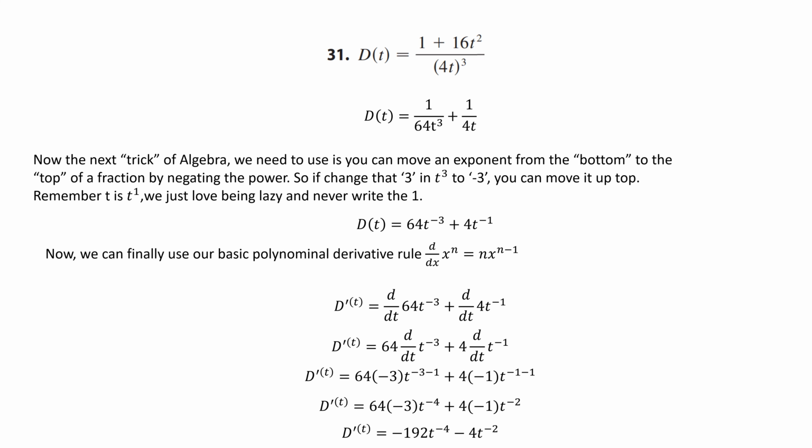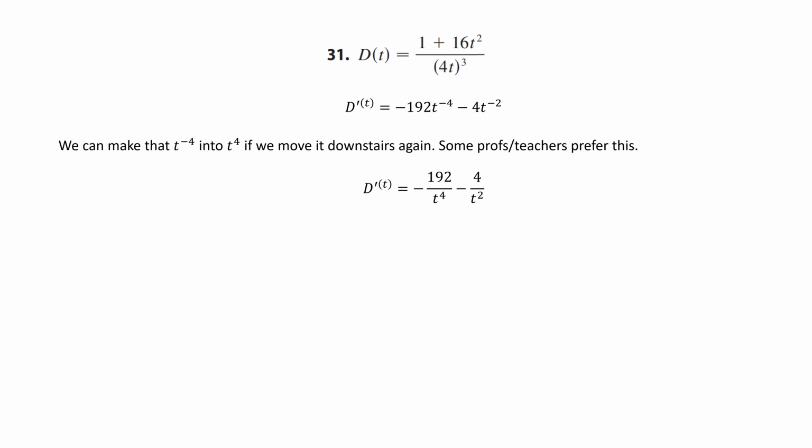In the second term, you have the negative 1 still in front, and negative 1 minus 1 is just negative 2. And so there you go. Now 64 times negative 3 is negative 192. And of course, plus 4 times negative 1 is negative 4. And yeah, that's pretty much it.